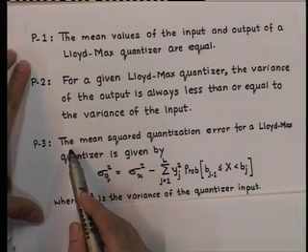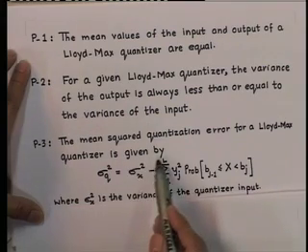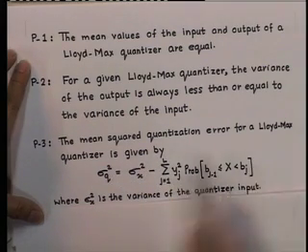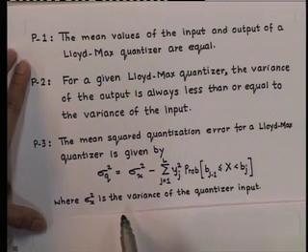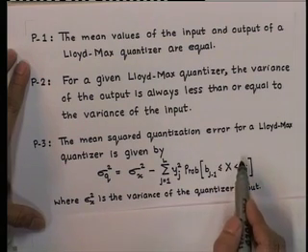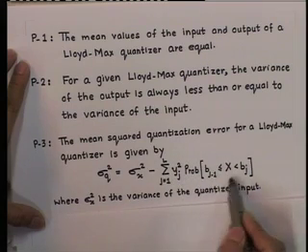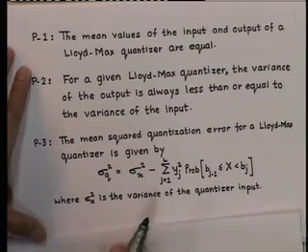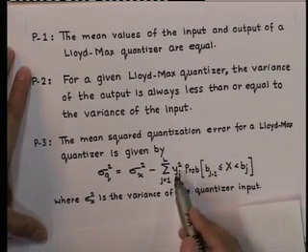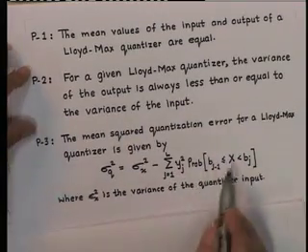The third property says that the mean squared quantization error for a Lloyd-Max quantizer is given by the following expression, where the first term, that is sigma x squared, is the variance of the quantizer input, and the second term is the second moment of the output. So, if the input has 0 mean, then this is the variance of the output.